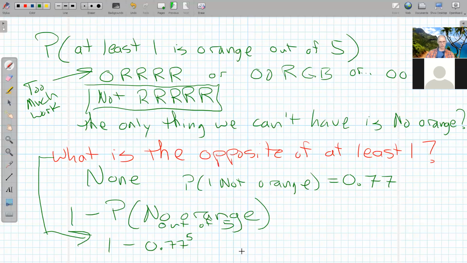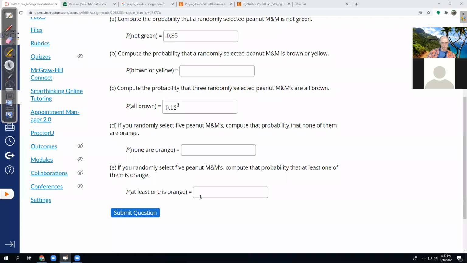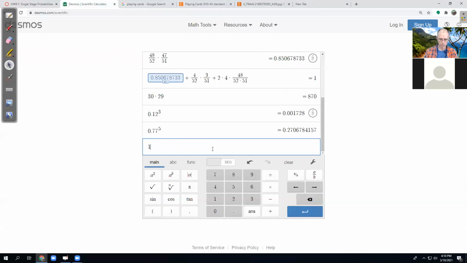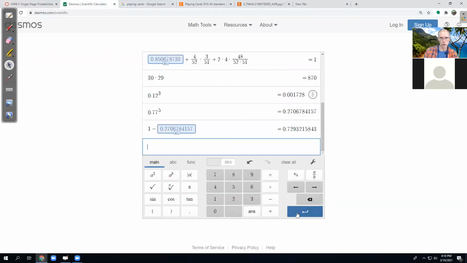Let's see what that is. Calculator. Well, that's the opposite of this one right here. So 1 minus that answer above. So that should be about 72.93%.